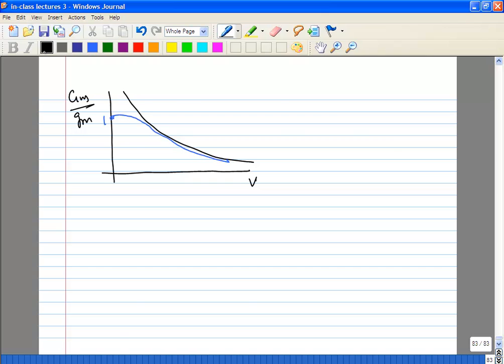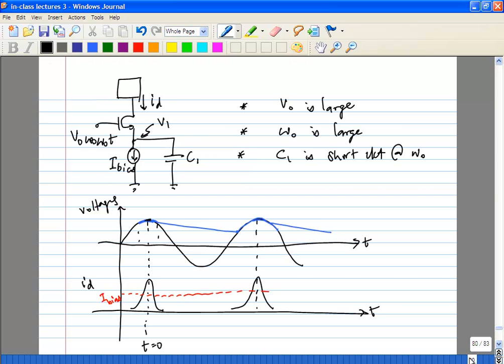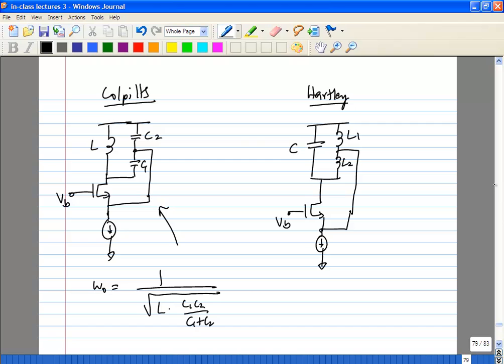Okay. So now we are in a position to redraw the equivalent circuit for the Colpitts in terms of its large signal transconductance.